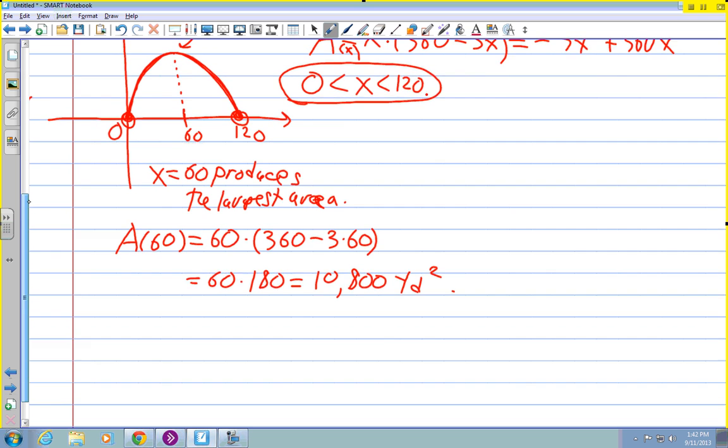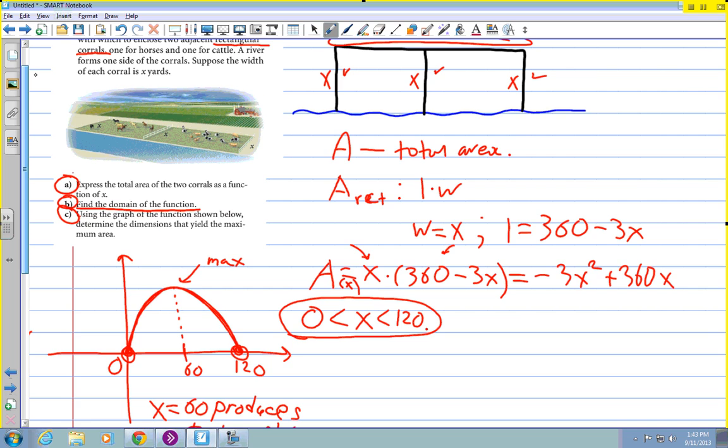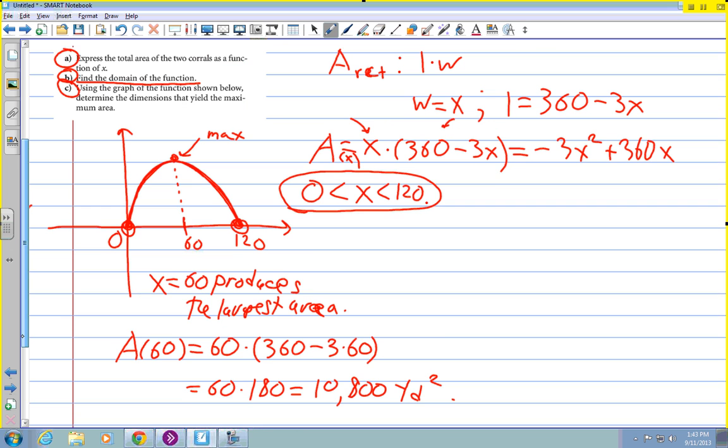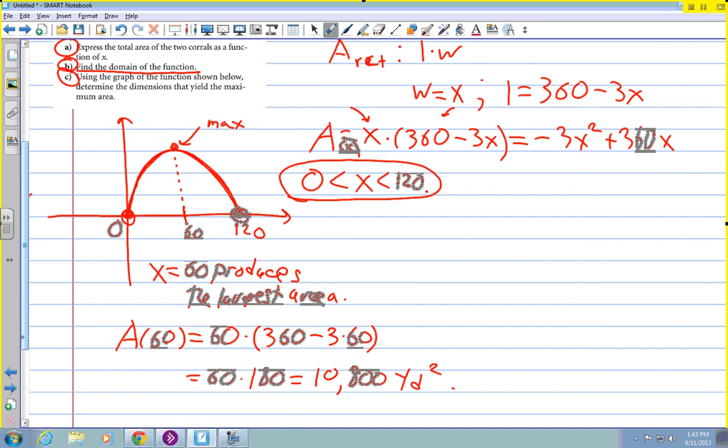But we'll be doing those types of problems later in chapter 3: given a story, come up with a function, and then we'll be able to find that point, called the vertex, without graphing it or anything like that. There are ways to predict what the vertex is. So we're able to figure out how to divide our fencing to build the largest possible area.